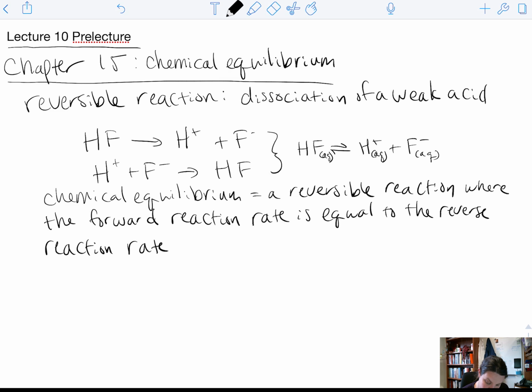So we would say the rate of the forward reaction is equal to the rate of the reverse reaction.